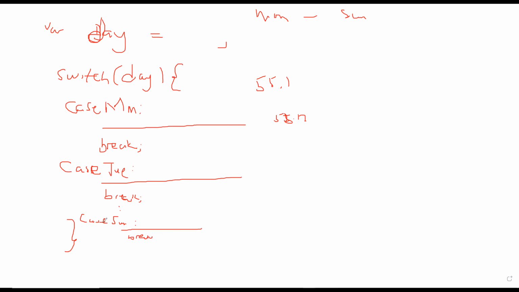Now, if anything is outside this Monday to Sunday, then we use default. Default is similar to the else of the if, else if, else statement. Then we do something. Then we break again.